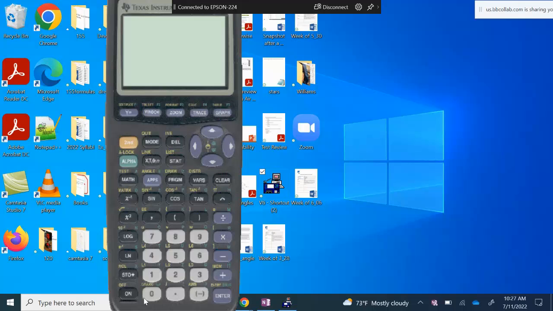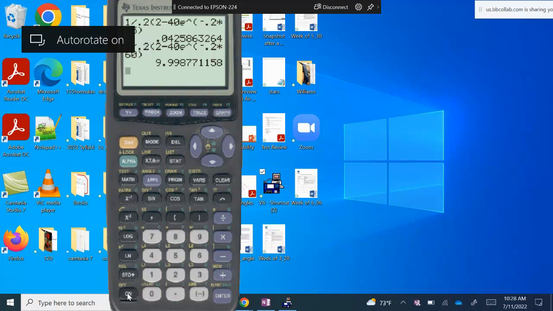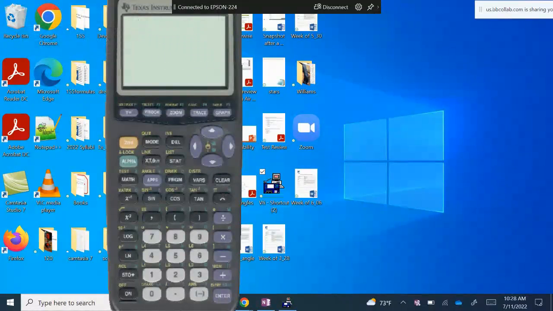You'll notice that we do have the common log, which is the log button, right? So I'm just going to put in the log of 3, right? And that's 0.47. I'm going to put in the natural log of 3. Okay, notice I get two different values.